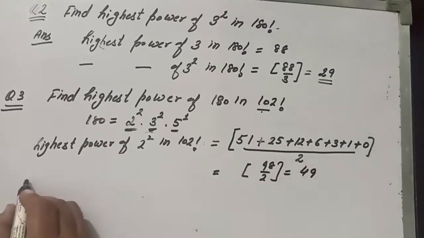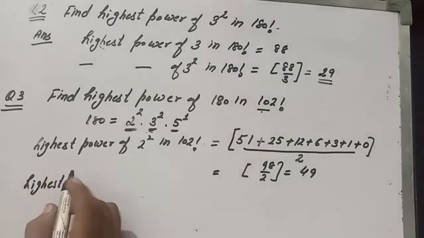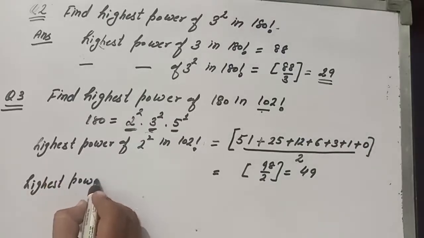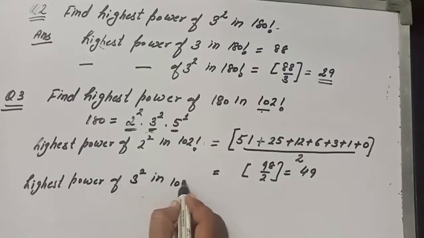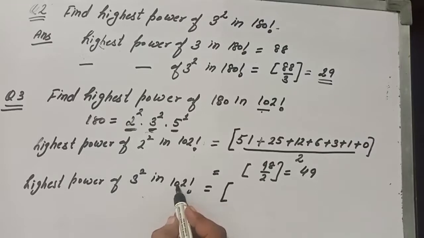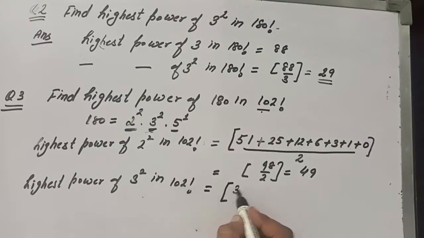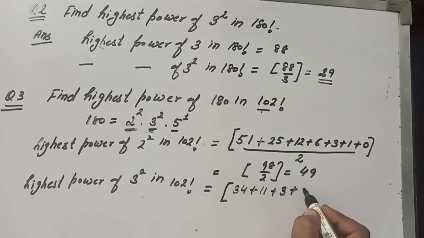Similarly, highest power of 3 square in 102 factorial. Now divide 102 by 3. That is 34 is the quotient. 34 is divided by 3, quotient is 11. 11 is divided by 3, quotient is 3. 3 is divided by 3, quotient is 1. 1 is divided by 3, quotient is 0.